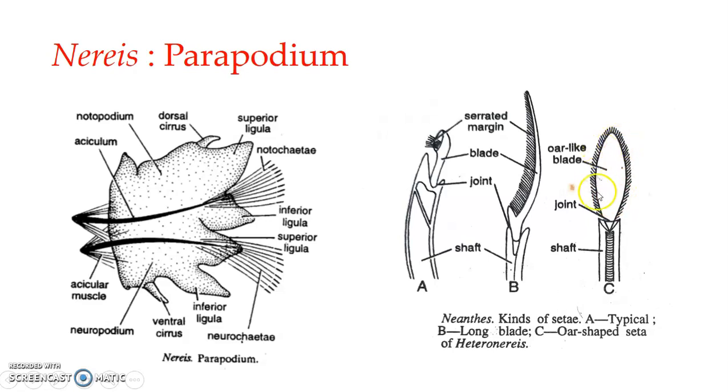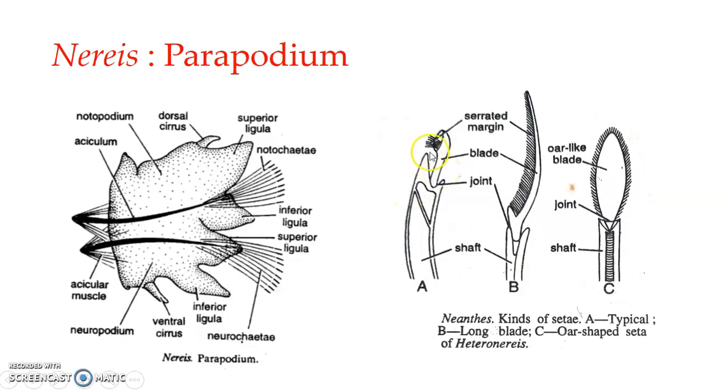This is a kind of setae found in the sexually mature Nereis, that is, the heteronereis. As already mentioned, heteronereis come out of the burrow and are found actively swimming on the surface waters. For this active swimming, they need setae which can help in swimming, isn't it? So there they have an oar-like blade, or oar-shaped setae.